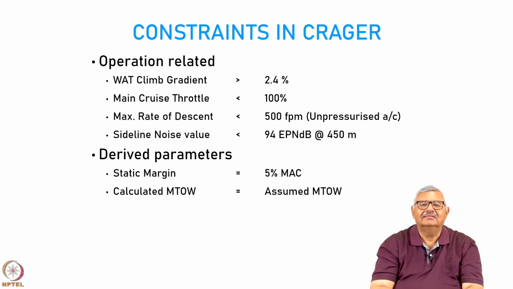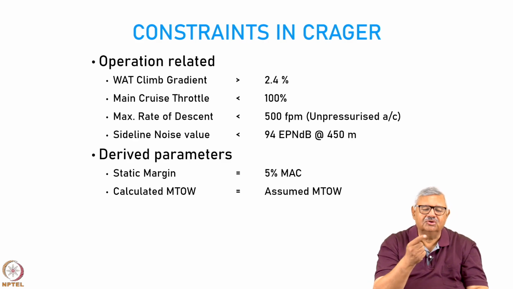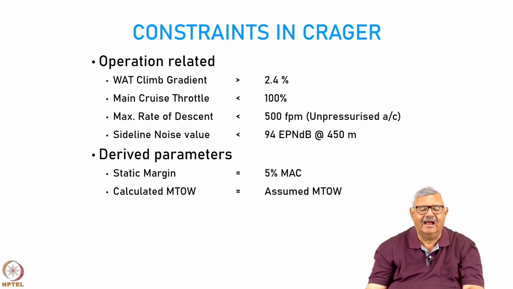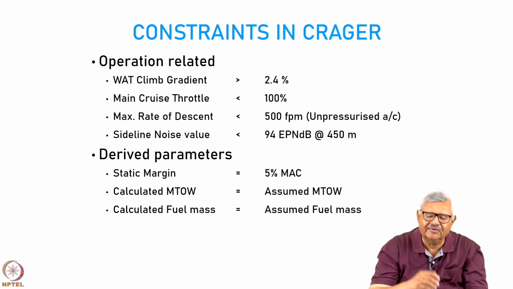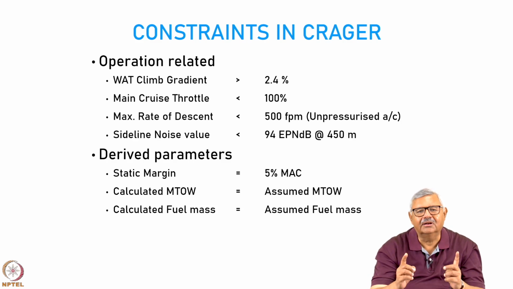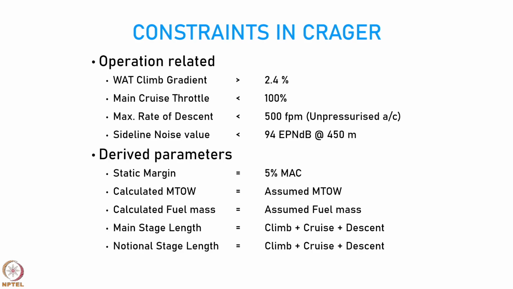So, we say that the max takeoff weight is expected to be within some lower and upper limit. We tell the optimizer, you find the value of the max takeoff weight such that it meets the constraint and the assumed value is equal to the value that is calculated after all the analysis. Similarly, for the fuel, we are giving some range for the fuel, and we are asking the optimizer to find out what is the fuel mass such that the assumed value is equal to the actual value.